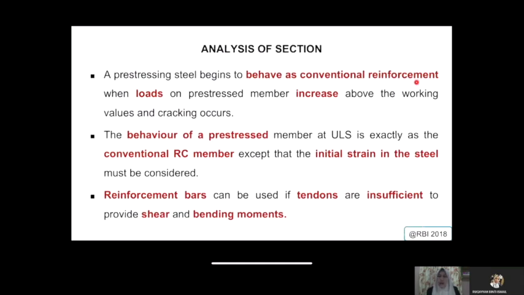So, analysis of section. As you can see, pre-stressing steel begins to behave as conventional reinforcement when loads on the pre-stressed member increase above the working values and cracking occurs.